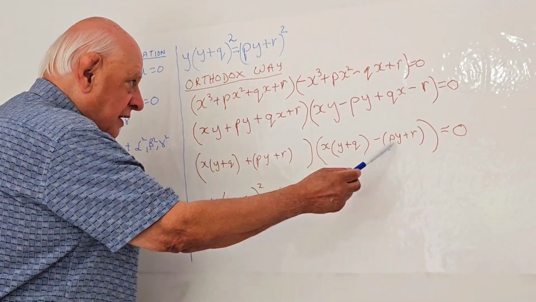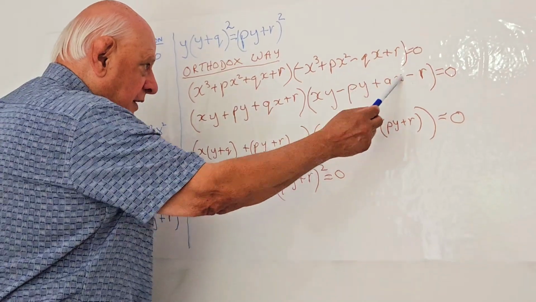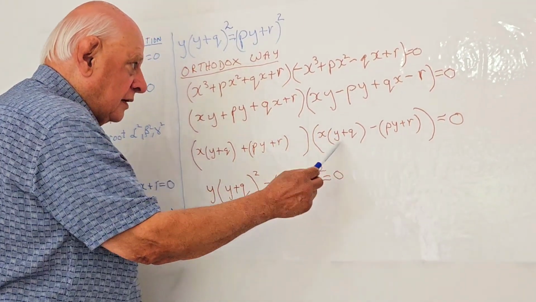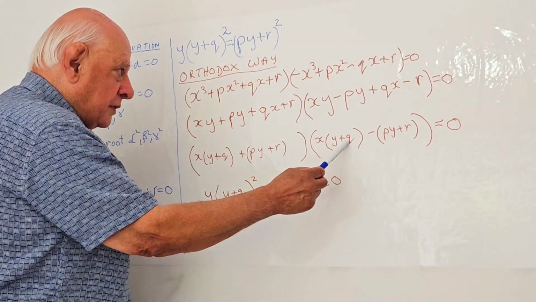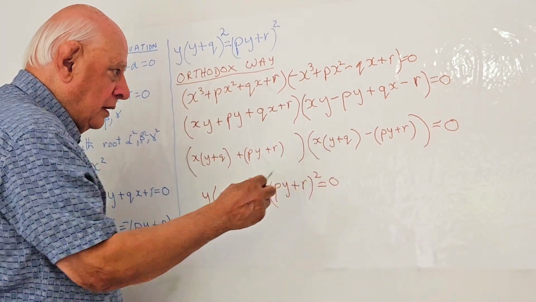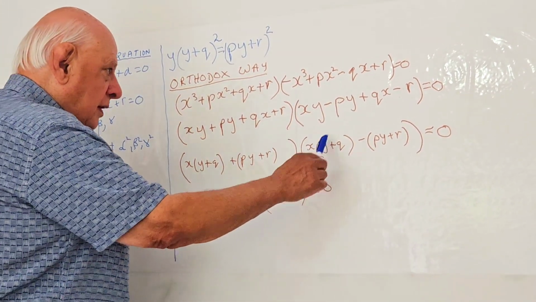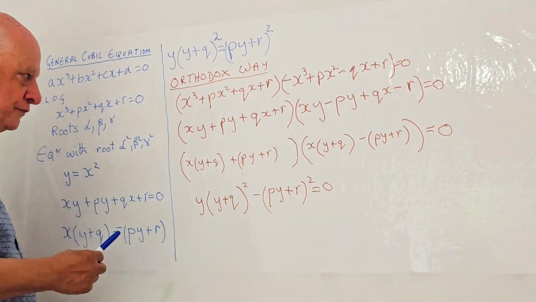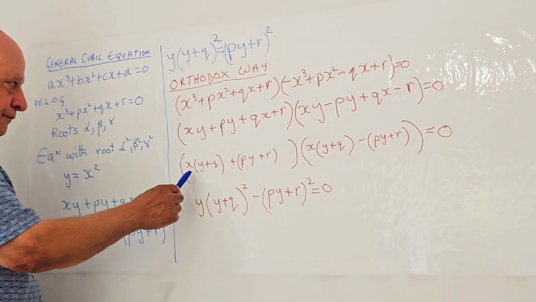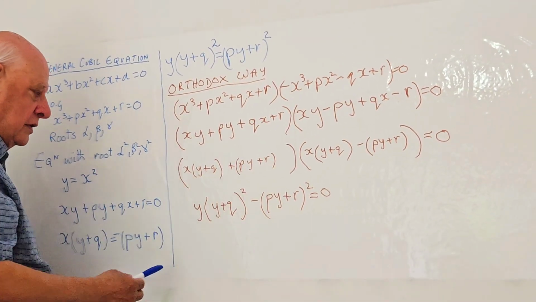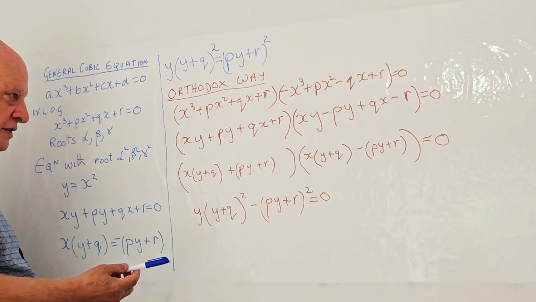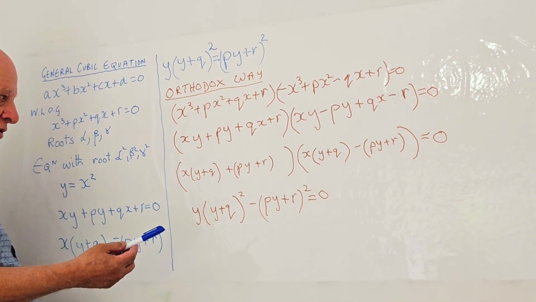If we start at this end here, we take the negative term there, py plus r, and then the positive term x into y plus q. I think that should be, yes, x into y plus q, right? And then the same over here. We'll see now this is just a difference of squares situation.